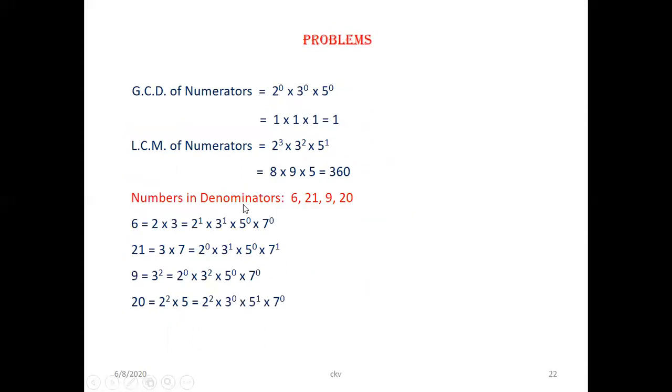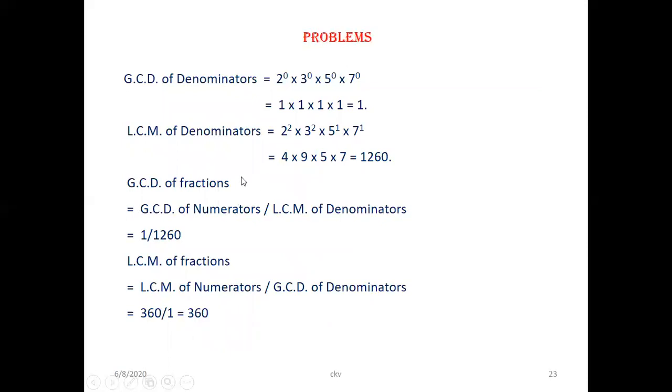LCM of the numerators is 360, and GCD of the denominators is 1. So LCM of the fractions is 360 by 1. This is how you can find out GCD and LCM of the given numbers, whether they are ordinary numbers, in decimal form, or fractions.